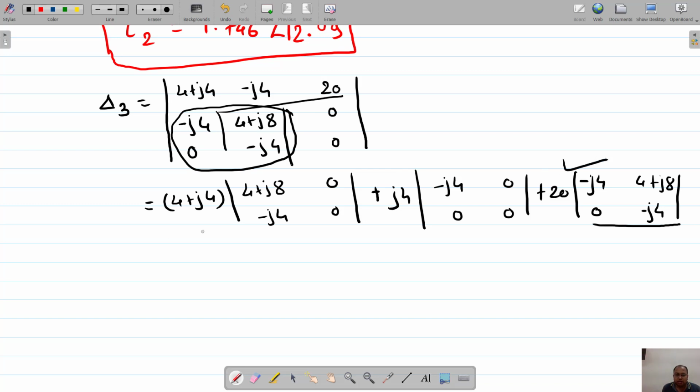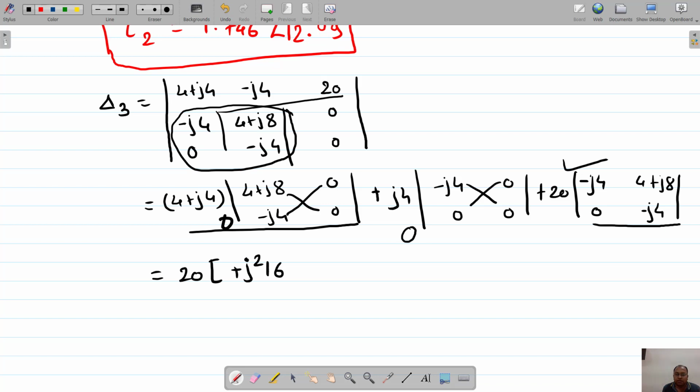But now focus on this. This multiplication is resulting in 0, anything multiplied with 0 is 0, right? Only we need to calculate this. So 20 into the bracket. Now minus j minus minus is going to become plus j square 16, and this is going to become 0, isn't it? So j square 16, that's it.